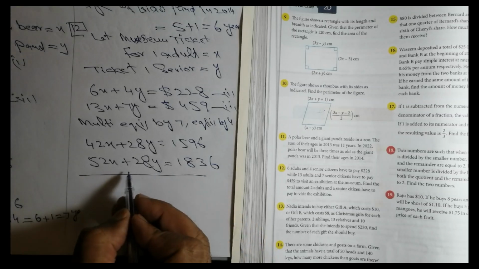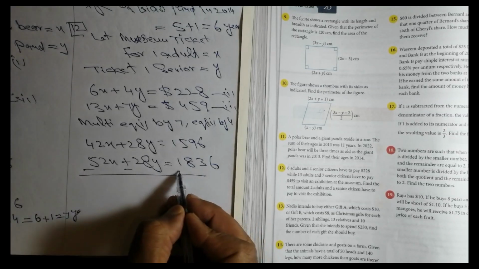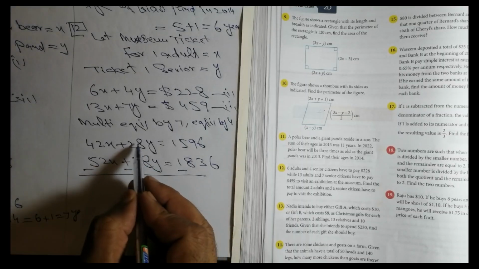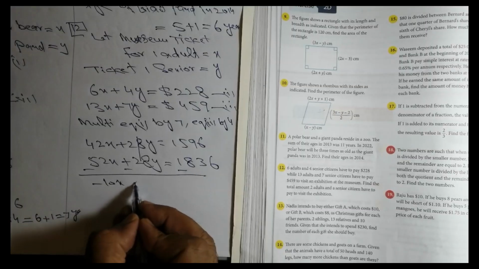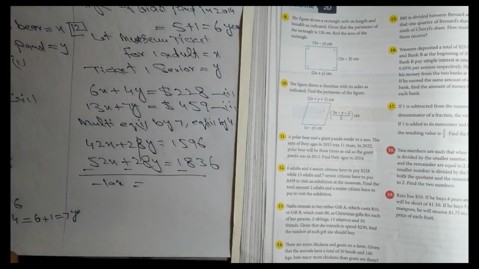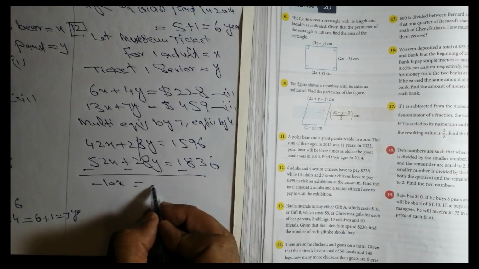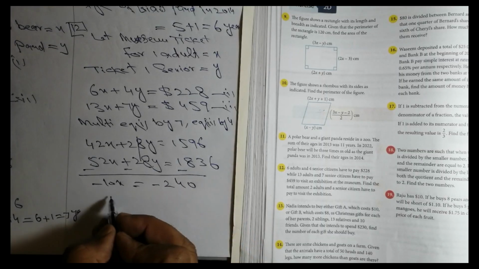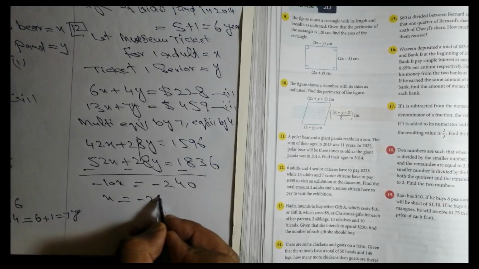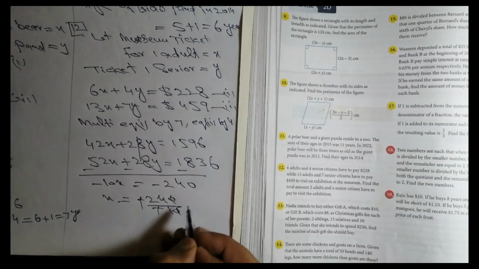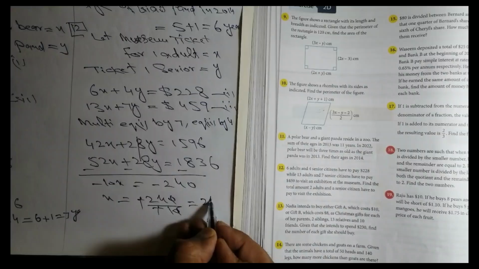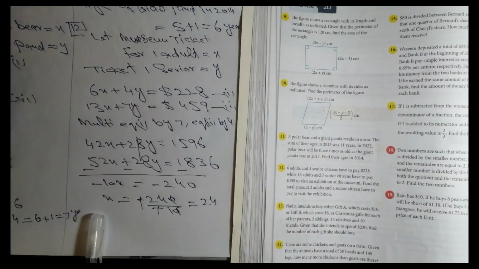Now subtracting, for eliminating this term we change the sign, and minus 10x equals minus 240, and x will be equal to minus 240 over minus 10, minus cancel, x equals 24, which was the ticket price for one adult.